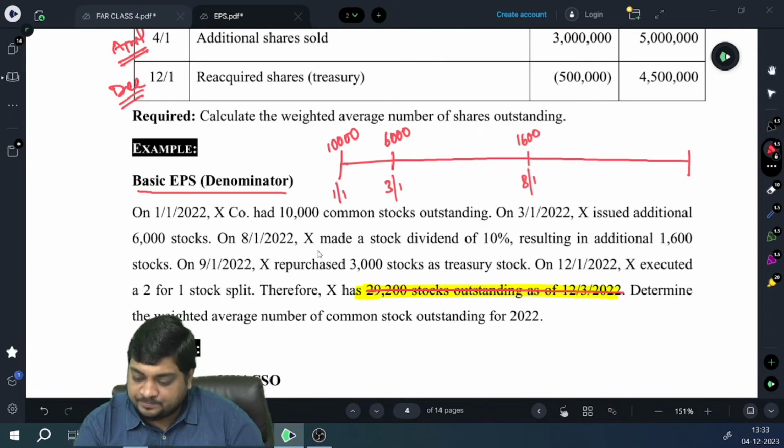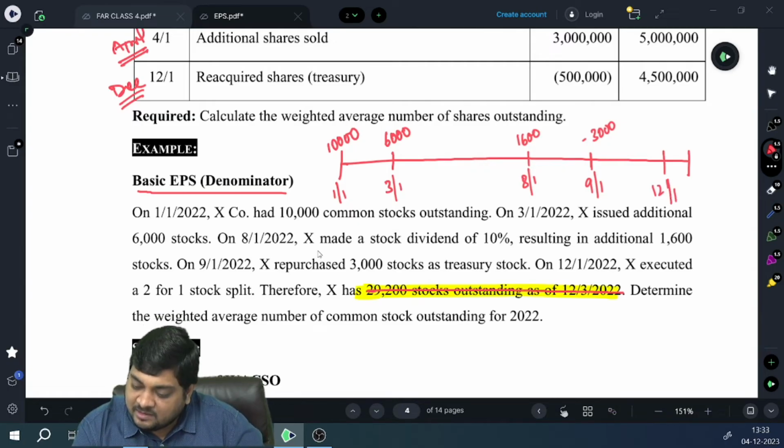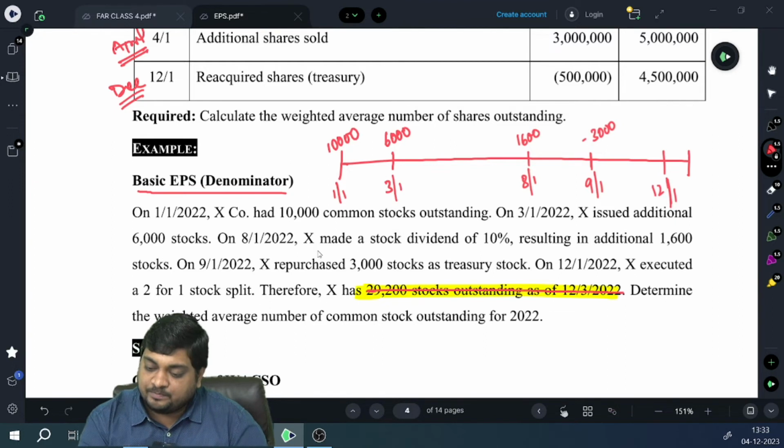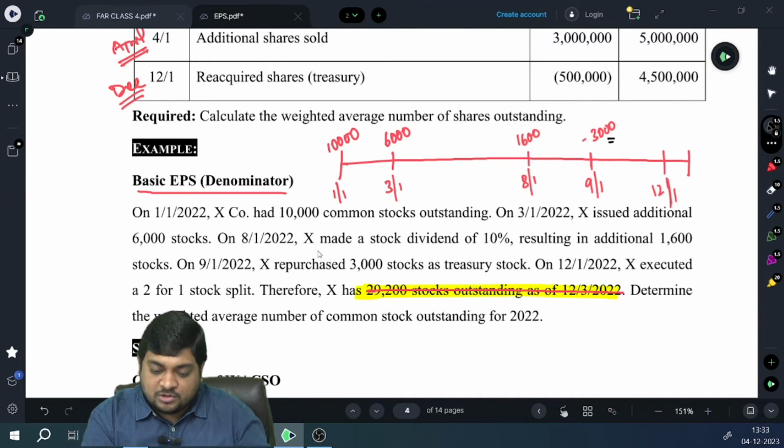And then in September 3,000 repurchased, and then in December we have the stock split. So till now, what is the number of common stock outstanding? It is 10,000 plus 6,000 plus 1,600 minus 3,000.